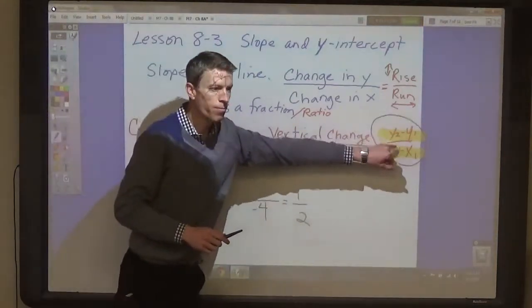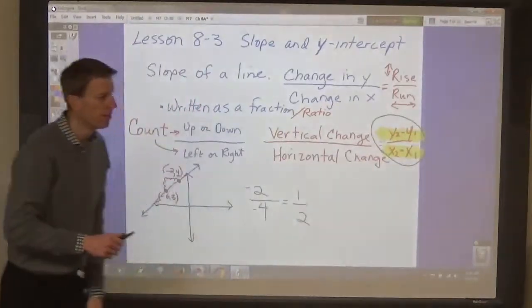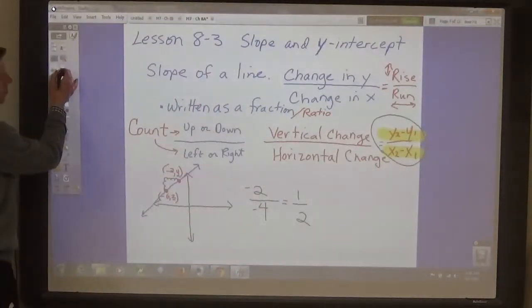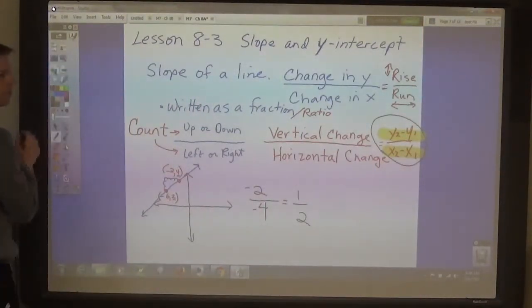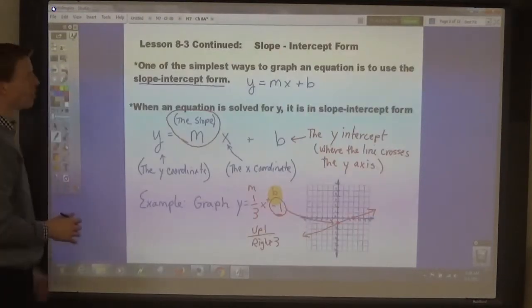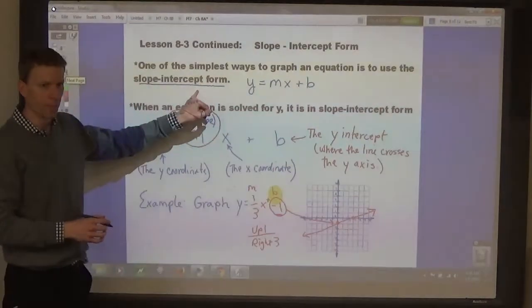This is the slope formula. This one is called the slope-intercept form.